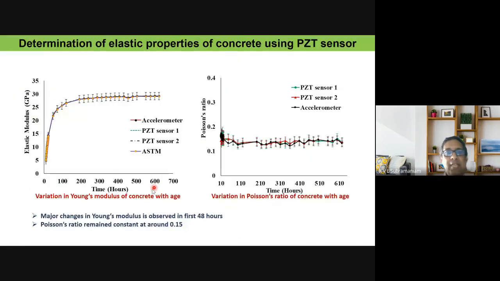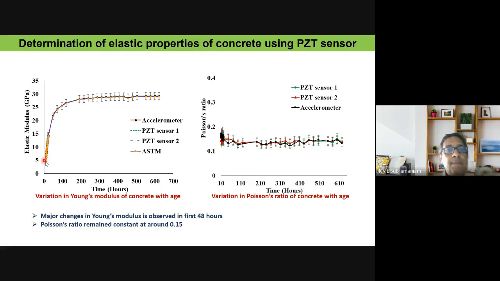So just to show you, we did this experiment where we backed out, because we can use the frequency signatures to calculate the Young's modulus and Poisson's ratio of the material, because essentially these are the two elastic material properties that determine the vibration signature of any finite geometry.